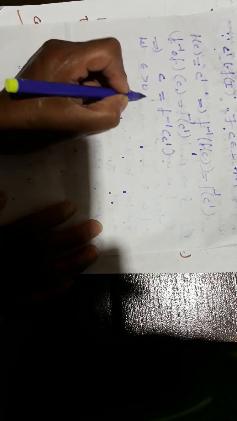So let epsilon greater than 0 be given. Then c minus epsilon is always less than c, which is less than c plus epsilon, for any c belonging to I. And since f is strictly increasing, it implies that f of c minus epsilon is less than f of c, which is less than f of c plus epsilon.